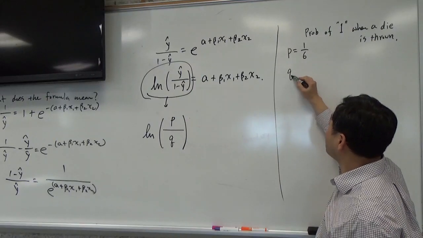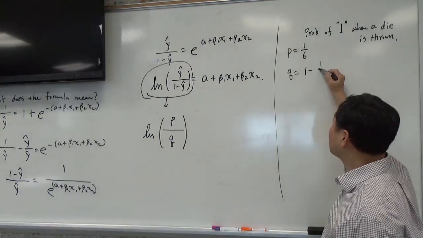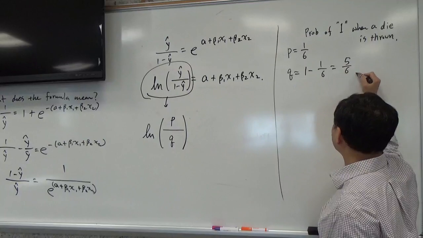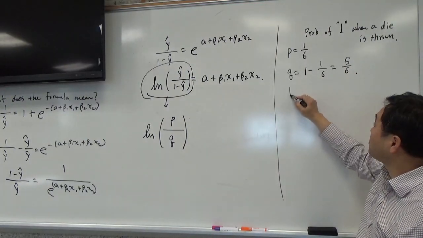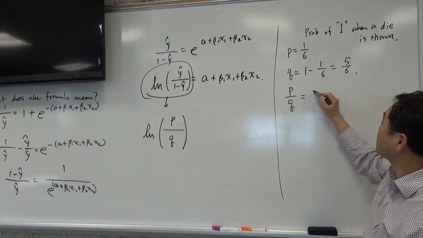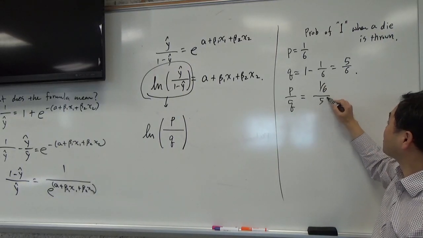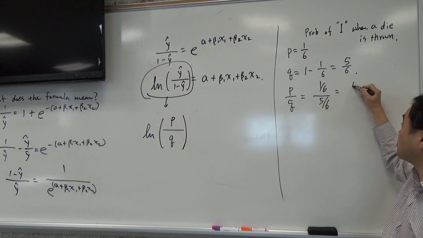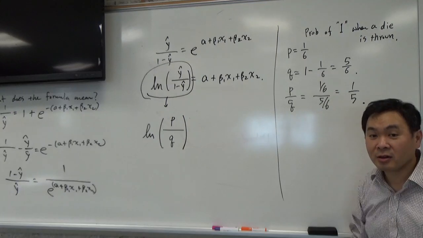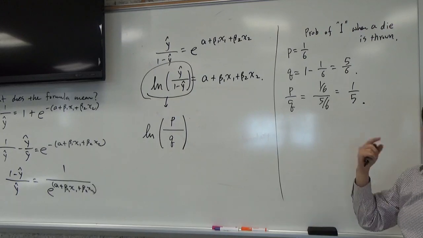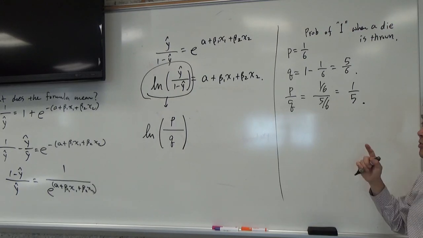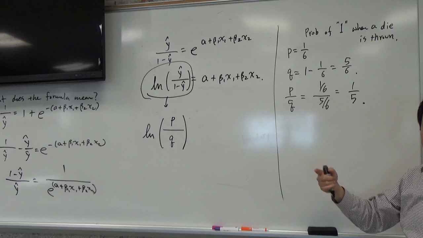In that case, what's q? q is 1 minus 1 over 6, which is 5/6. And then if you do p over q, that's 1/6 over 5/6. You can multiply 6 top and bottom to make it 1/5. And you read it like this: there's 1 to 5 odds of getting a 1 when you roll a die.